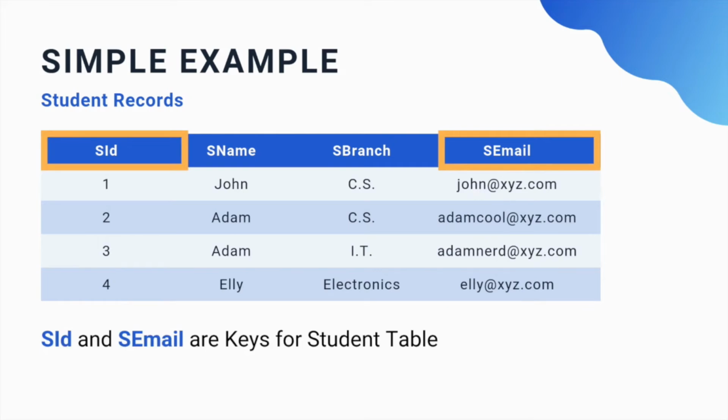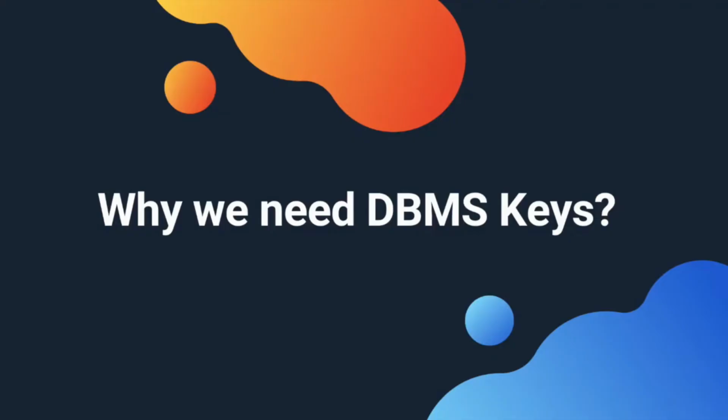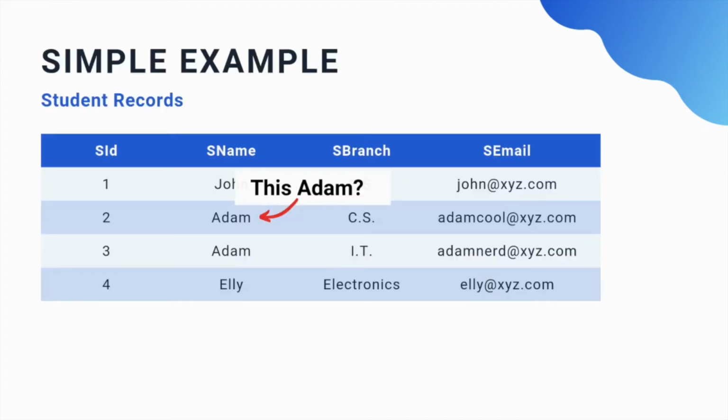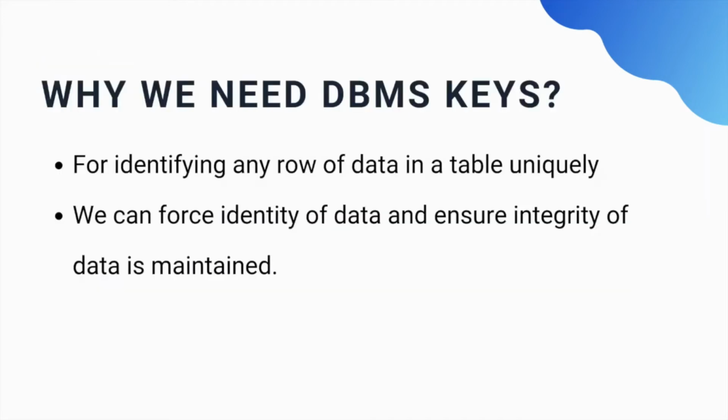This brings us to the question, why we need keys. The first reason is pretty much obvious. Without a DBMS key, you cannot access the rows of data stored in the table uniquely. Because without a key, most of the time you will either receive multiple rows of data or incorrect rows of data.